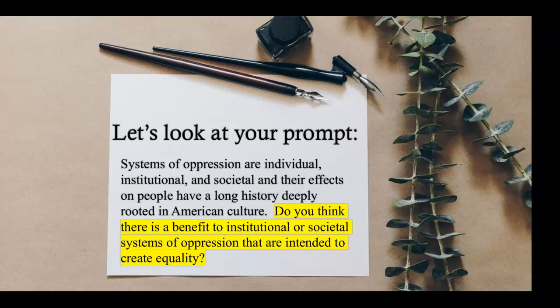Harrison Bergeron is a short story that is all about society oppressing people with the intention of making them all the same. So that's the idea that this prompt came from. So go back if you're totally lost on this prompt and you have no idea what it's talking about. Go back and review the readings for Unit 1. I would start with Harrison Bergeron in the 1.03 lesson.